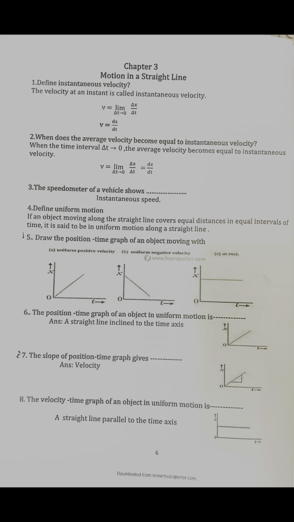So we plot position on the y-axis and time on the x-axis, and for uniform positive velocity, we draw an inclined graph between the x-axis and y-axis, a slope, or an equally inclined graph at 45 degrees between the 90 degrees. This graph indicates uniform positive velocity. The next graph indicates uniform negative velocity. We draw a slope as in the figure, plotting position on the y-axis and time on the x-axis. And the third graph shows the object at rest.